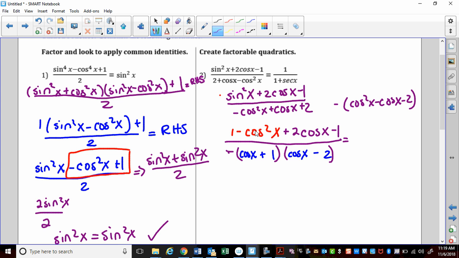I can factor out a negative from that also. Or I can factor out a negative cosine. So I'm going to factor out a negative cosine. I'm going to rewrite this for you. So this is negative cosine squared x plus 2 cosine of x.